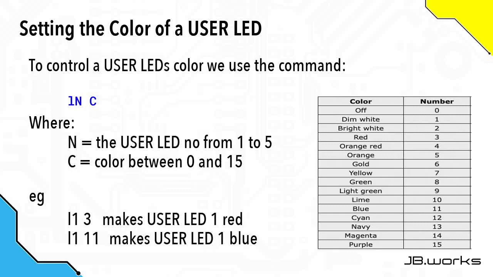Previously we used a state, which was 0 or 1, and if you look at the color table, all we were doing was actually setting the color of the LED. So for example, to set user LED number 1 to red, we would use L1_3. And to set the color of user LED number 1 to blue, we would use L1_11.